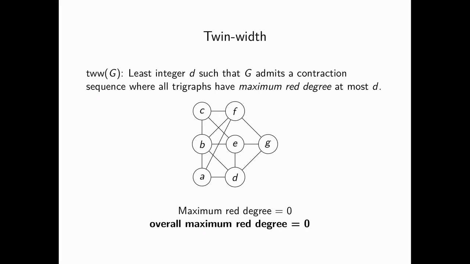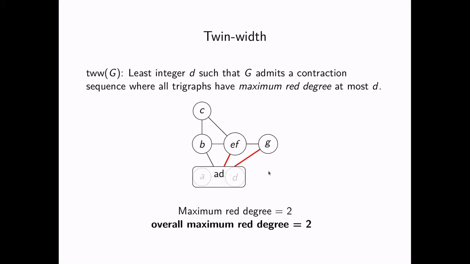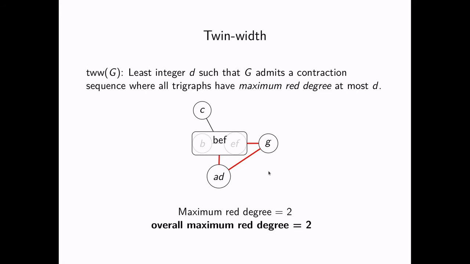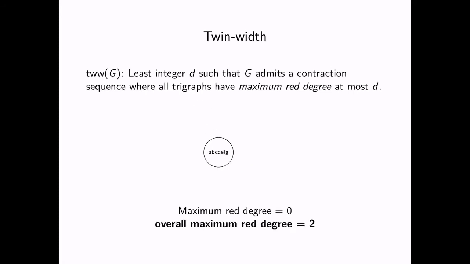So let's see on the same sequence what's going on. We contracted E and F, we created red edges to A and D. So the overall maximum red degree, what matters for the twin width, is now 2. Here 2 was never exceeded, so this would tell you that the graph has twin width at most 2.